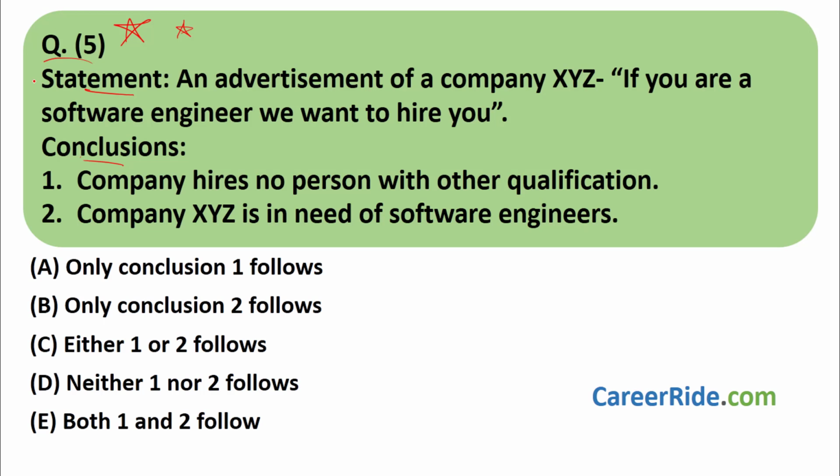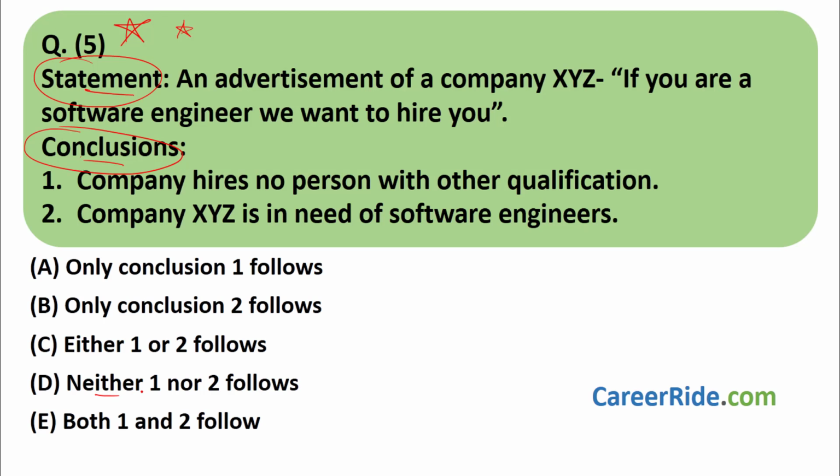They give you a statement and one, 2, 3 or 4 conclusions, and generally there are 2 conclusions. The format is that they'll give you 5 options. First option is only conclusion 1 follows, only 2 follows, either 1 or 2 follows, which means 1 may follow or 2nd may follow.